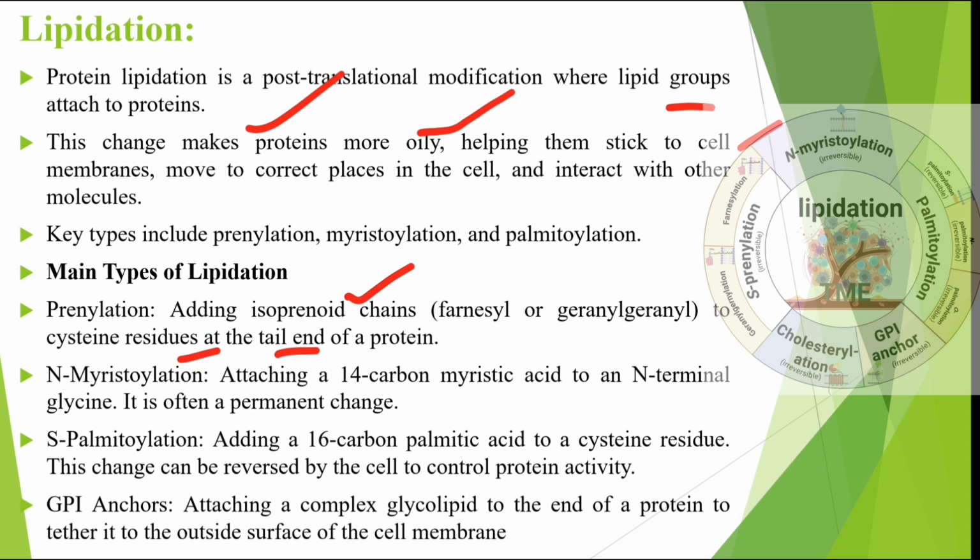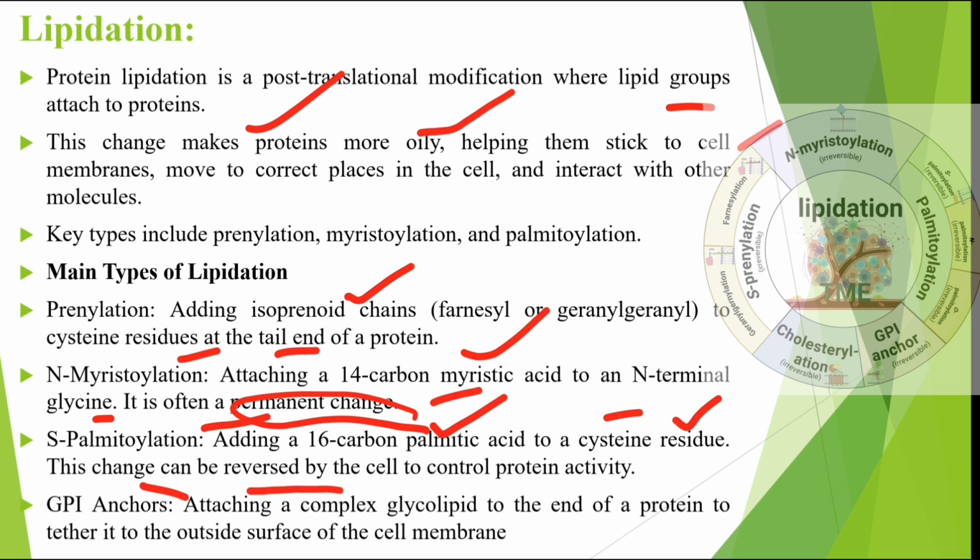Then myristoylation is the attaching of 14-carbon myristic acid to N-terminal glycine. It is often a permanent change. S-palmitoylation is the addition of 16-carbon palmitic acid to a cysteine residue; this change can be reversed by the cell to control protein activity. Then GPI anchors: attaching a complex glycolipid to the end of a protein to tether it to the outside surface of the cell membrane. So this is the case of lipidation.